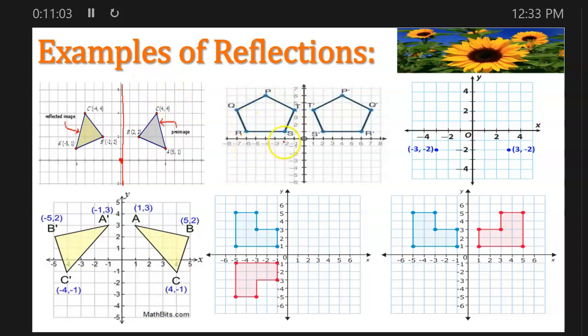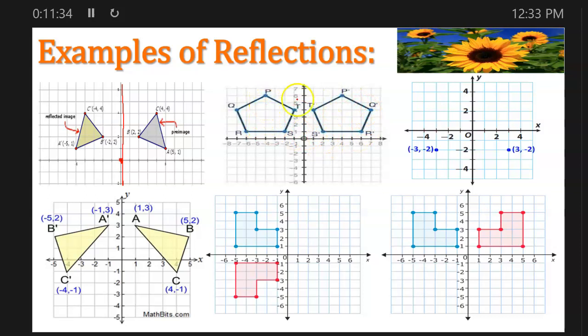Here is an example of a pentagon shape that has been reflected also over the y-axis. Notice the T and the Q have switched places, as well as the R and the S. Now it's S, R. That's how we know it was reflected, because if they were in the correct spots, if the Q was here and the T was here, just like in the original, and the R and the S were down here, just like in the original pre-image here, it would be a translation.